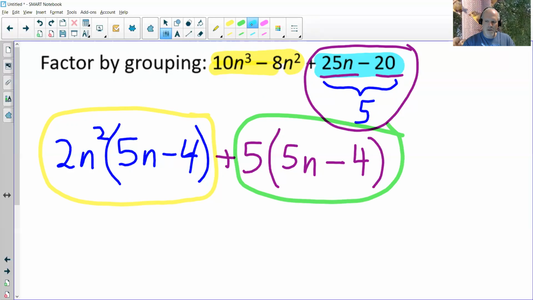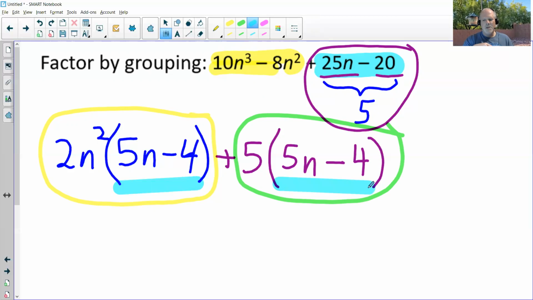And now let's notice that in both of those terms, the yellow one and the green one, I have a common factor. There is a 5n minus 4 in both terms. That means it's a GCF. That means I can factor it out.